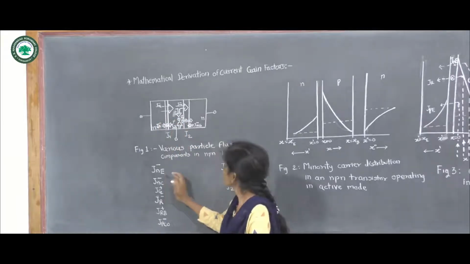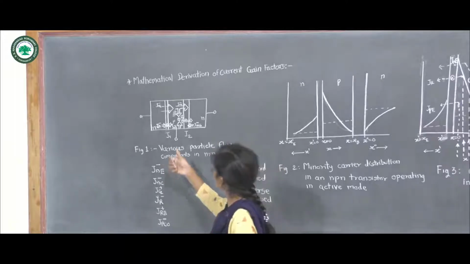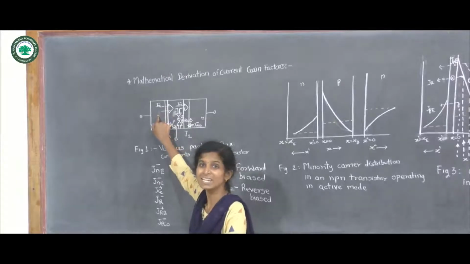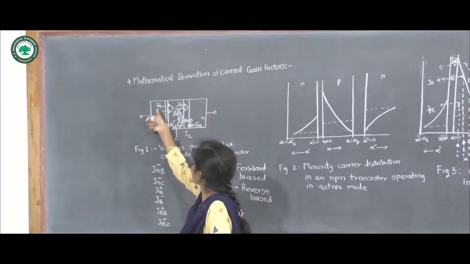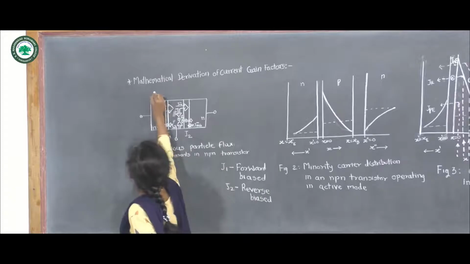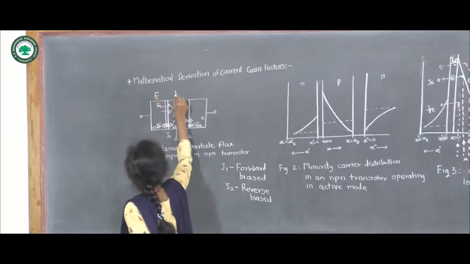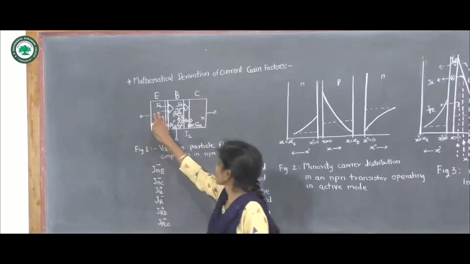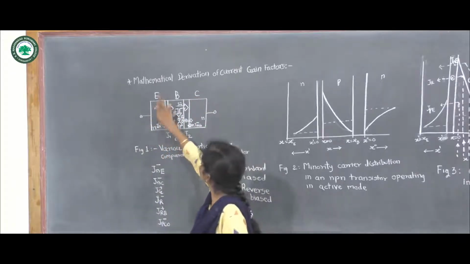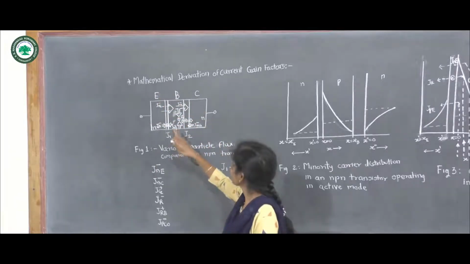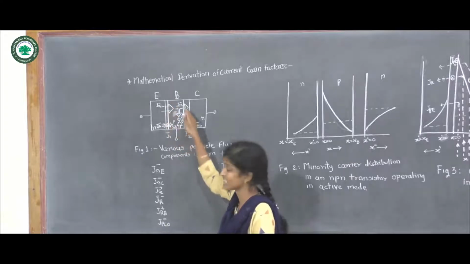minus. Then, as this is an N type semiconductor and the majority carriers are electrons, these electrons cross this junction J1, that is the junction between this emitter and base, and this is the collector. When electrons cross this emitter base junction, some of the electrons will recombine with the majority carriers in the base.